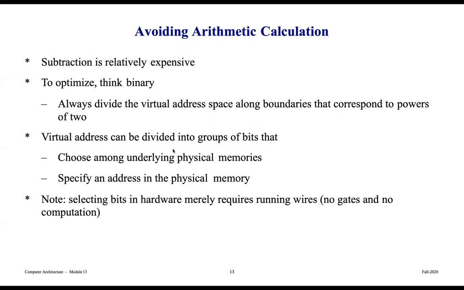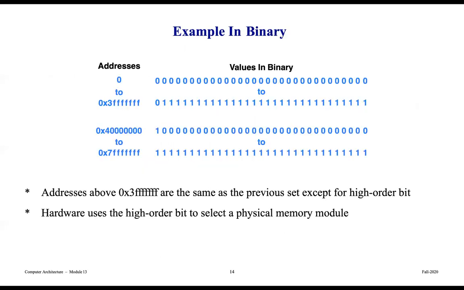Virtual addresses can be divided into 2 groups of bits that choose among underlying physical memories, and then we specify an address to the physical memory. Note, selecting bits in hardware merely requires running wires, no gates and no computation.